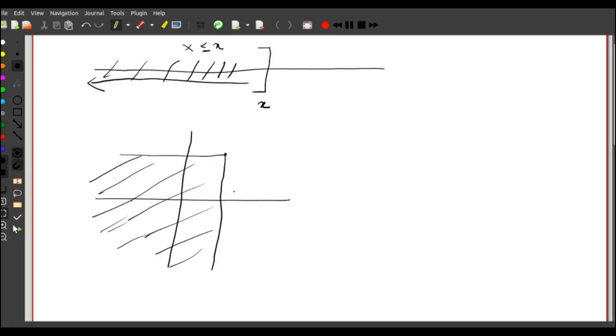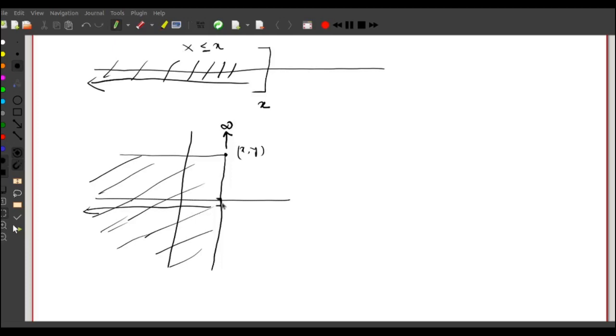Now, if I try to find the probability that x is less than or equal to small x, that means x is on this side, but y can take any value from minus infinity to plus infinity. Intuitively, if the point y goes to infinity, that means for y everything is covered and I am only left with x less than or equal to small x.